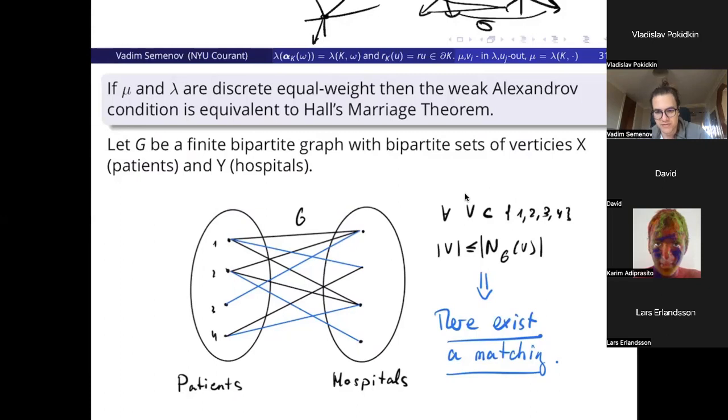And the necessary and sufficient condition is that each set on one side has edges which connect it with at least as many points as itself. And if this is satisfied, then you have a matching.